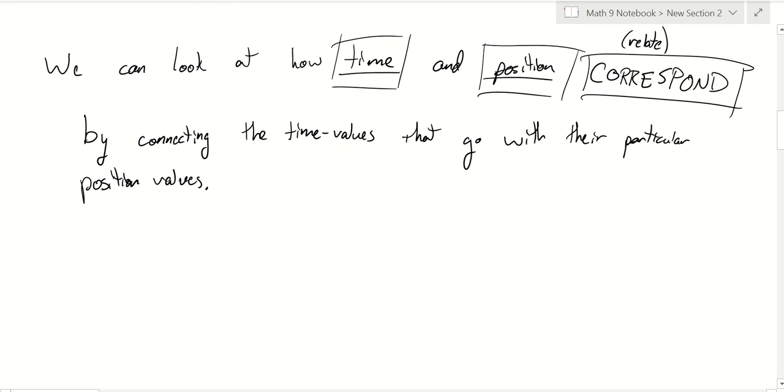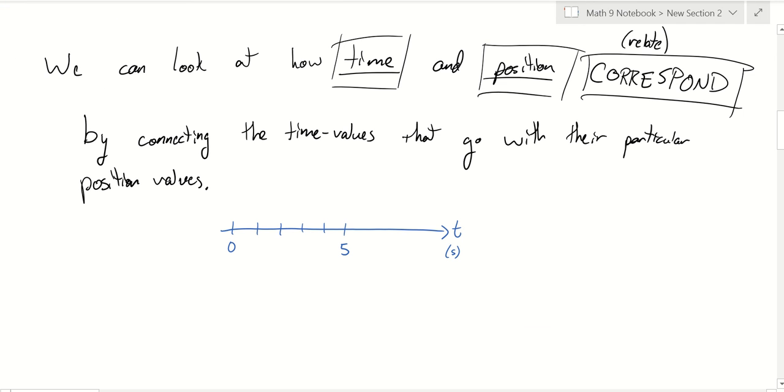So let's draw our time axis. Our time axis is in blue. Our time number line is in blue. So here I have my time number line, measuring time in seconds. And here is 0. And then 1, 2, 3, 4, 5. So that's 5 seconds.